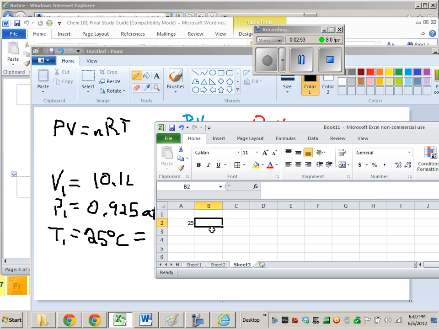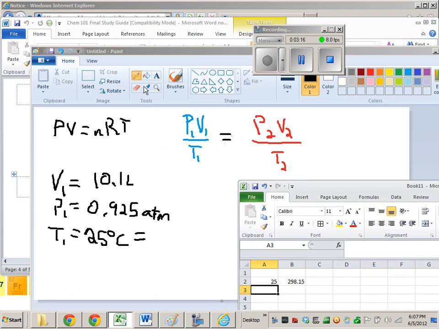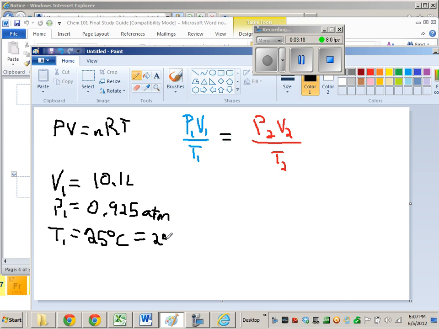And if you need to report the answer in Celsius, then you'll convert back into Celsius at the end. But in order to use these formulas, you absolutely have to convert to Kelvin. So you add 273.15 to convert from Celsius to Kelvin. So that's 298.15 Kelvin.